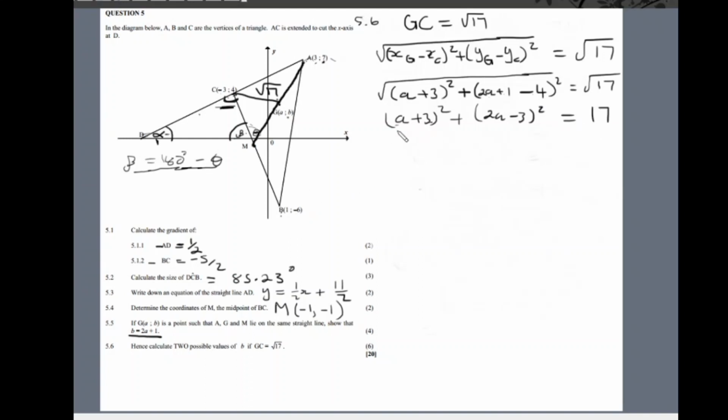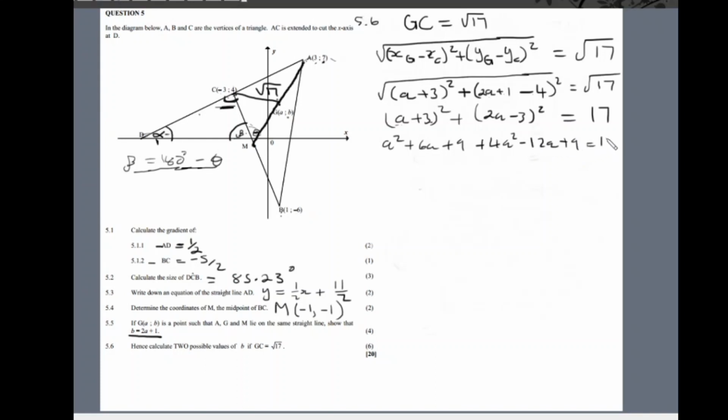And then now expanding these brackets, a plus 3 times a plus 3, I'll have a squared plus 6a plus 9, right? And then expanding 2a minus 3 times 2a minus 3 will give me 4a squared minus 6a minus 6a, which is minus 12a, and minus 3 times minus 3, which is plus 9.